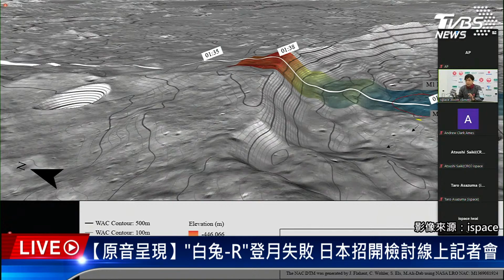This steep altitude change corresponded to the timing of the gap's initiation. That means the gap between estimated altitude and measured altitude was due to this crater rim. Then please move on to the next slide.